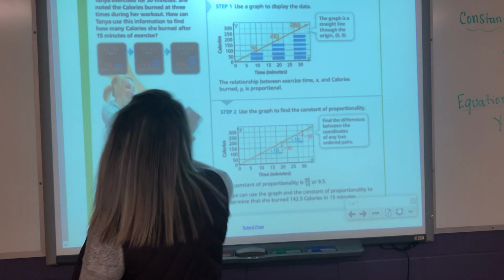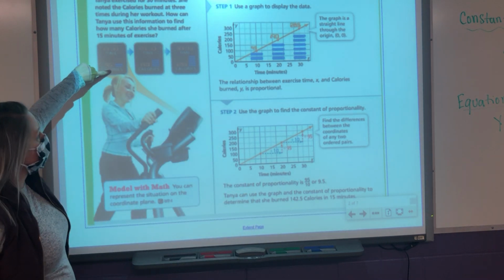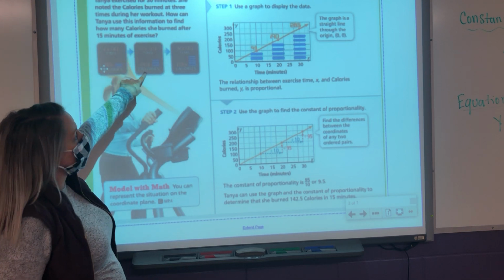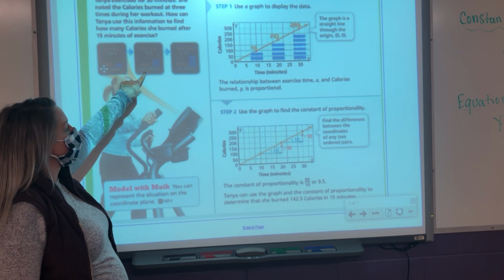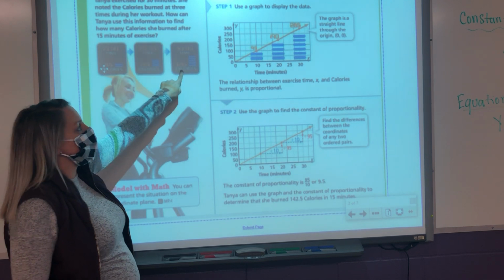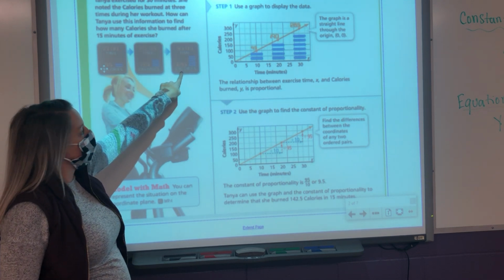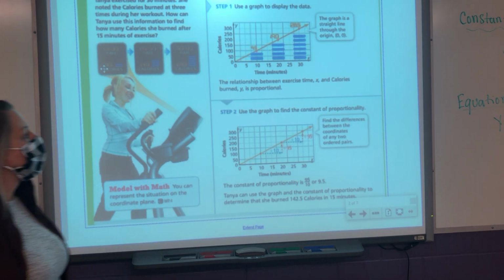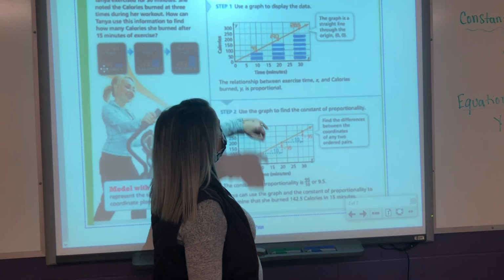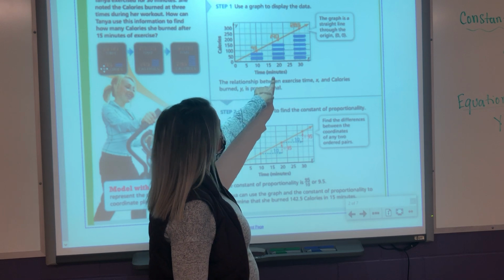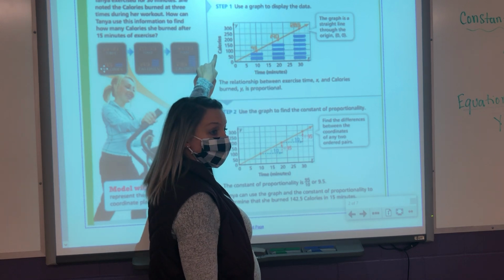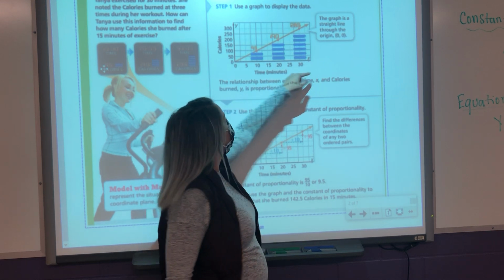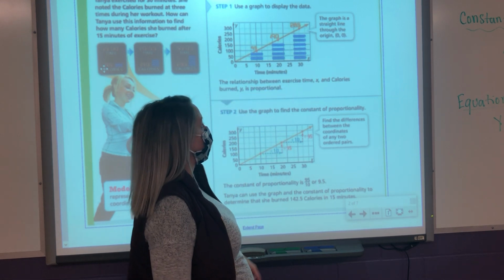So at 10 minutes, she burned 95 calories. At 20 minutes, she burned 190 calories. And at 30 minutes, she burned 285 calories. So this graph is showing the relationship between time exercised and calories burned. So time exercised is your x, calories burned is your y.